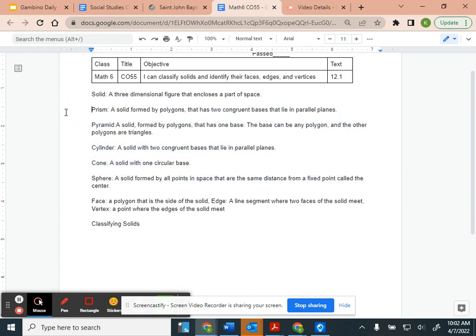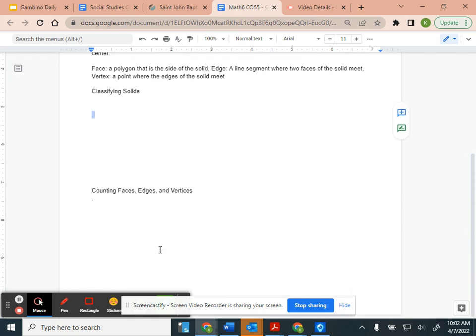Classifying the solids, we kind of get that, right? We know our shapes. Now we need to count our faces, edges, and vertices. Sphere. A ball is called a sphere.